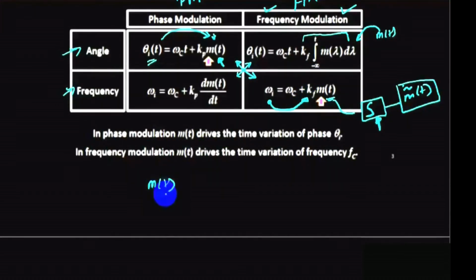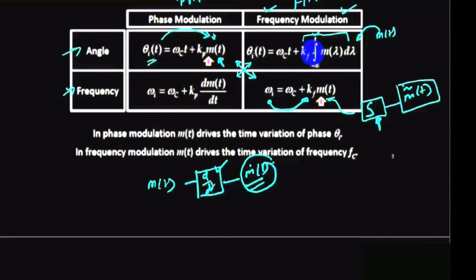On the other side, if we start with the message signal m of t and pass it through a differentiator d by dt, we'll get m dot of t. So once you got m dot of t, this is now your new signal. Now if you pass it through a frequency modulator, so you have a differentiator and then you have an integral over here. So both of them would cancel out.